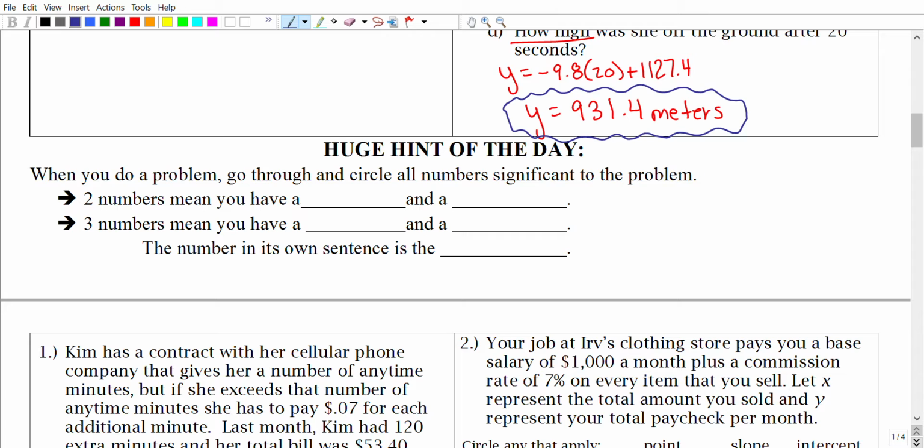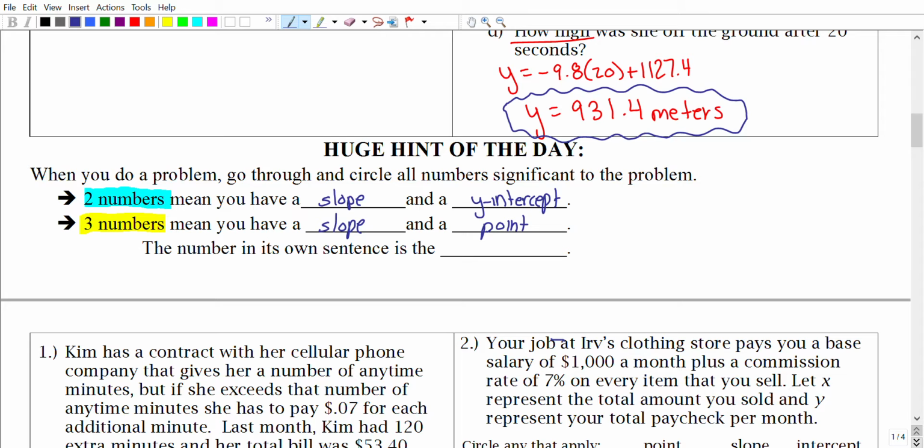If you see two numbers, then you have a slope and a y-intercept. Okay? If you have three numbers, then chances are you are given again a slope, but this time you were given a point.